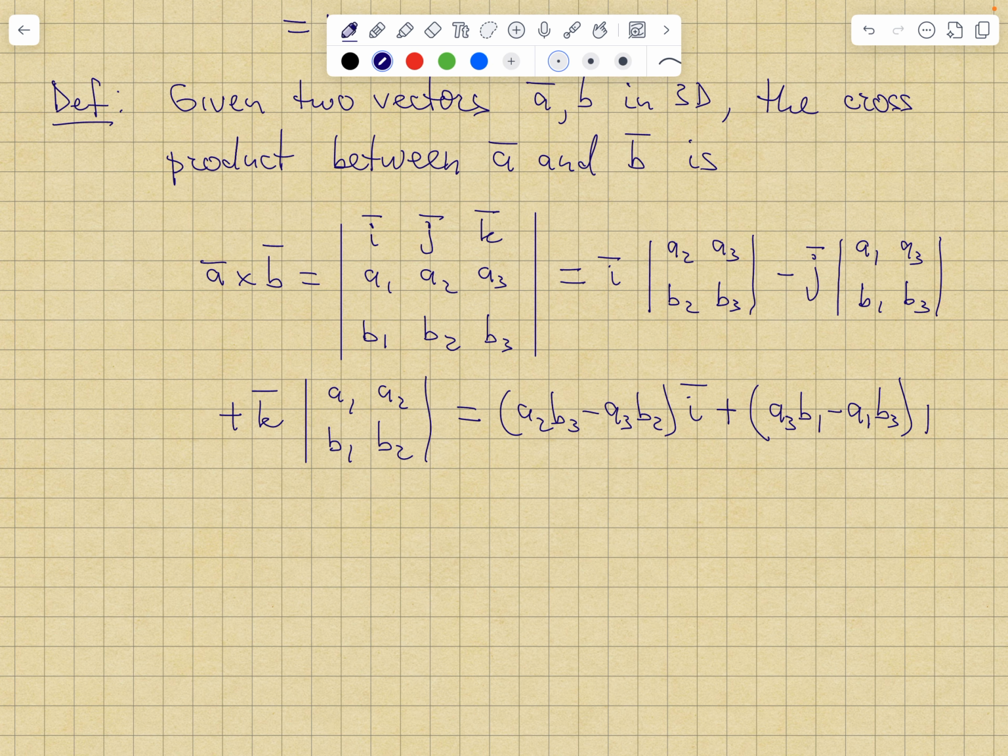And then lastly, plus (A1 B2 minus A2 B1) k.